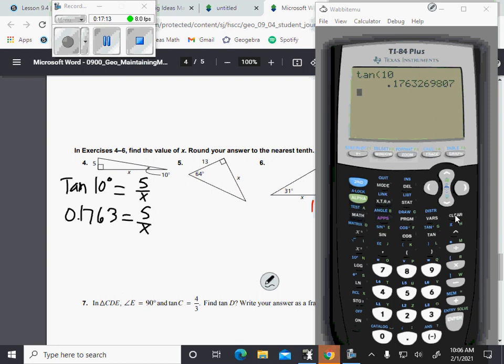Now, how do I solve for x? Well, I can multiply by x on both sides. The x's cancel out, so we're left with 0.1763x equal to 5. And we can divide 5 by 0.1763.